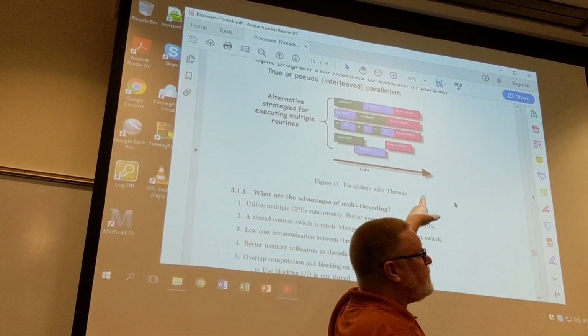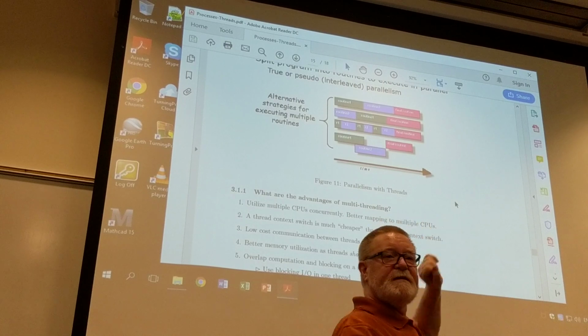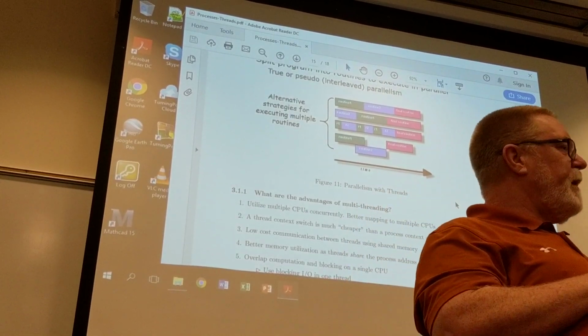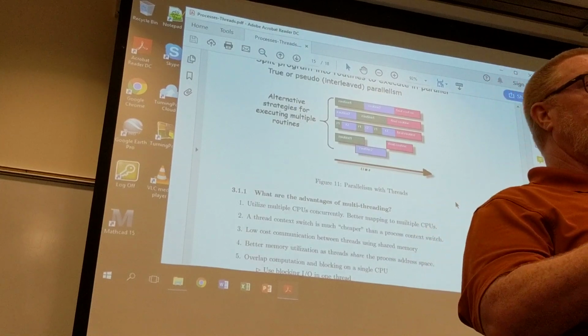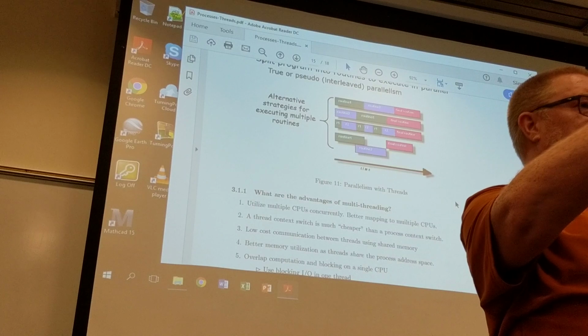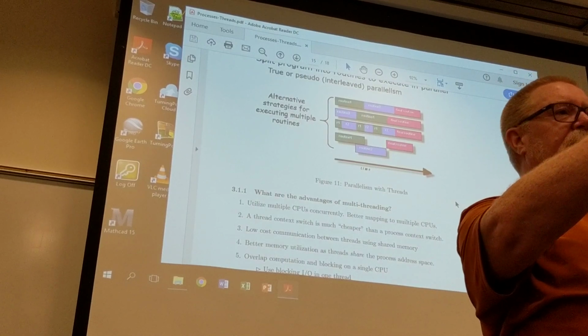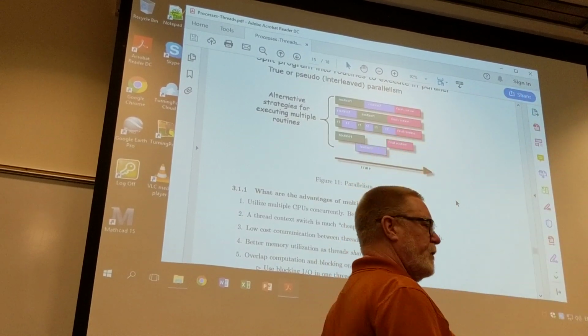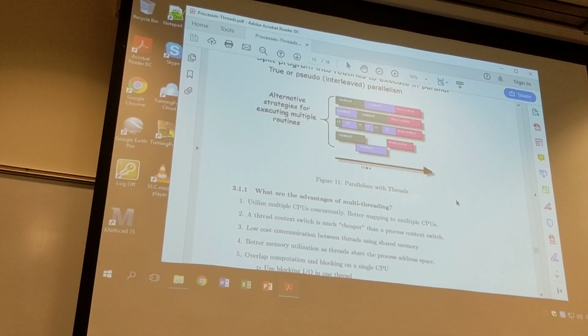You see the first 3 all took the same amount of time. But as soon as we were able to do things in parallel, what we call concurrently, we were able to reduce the overall execution time. And that is one of the principal benefits of threads. Get more work done per unit of time, so we can use more CPUs.